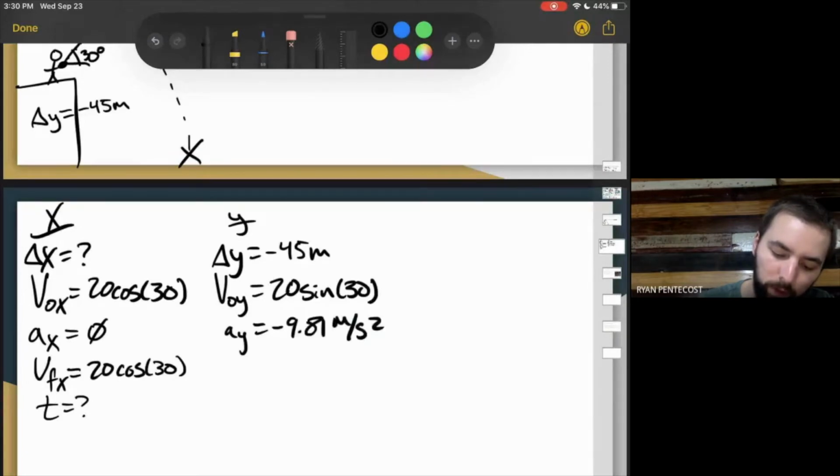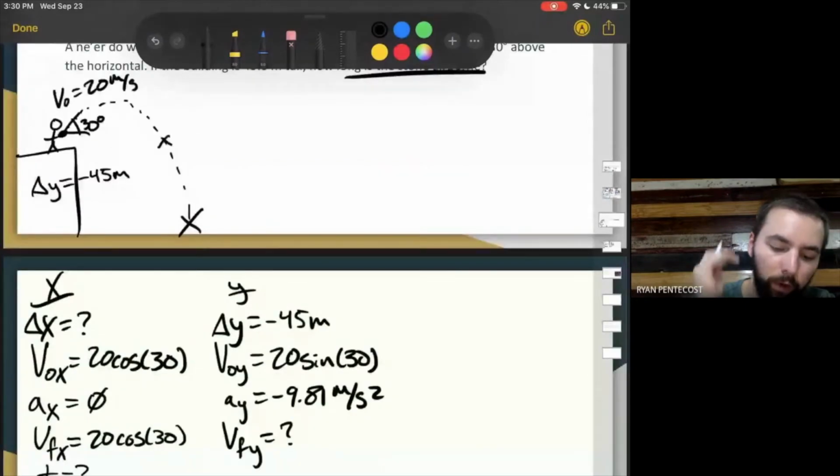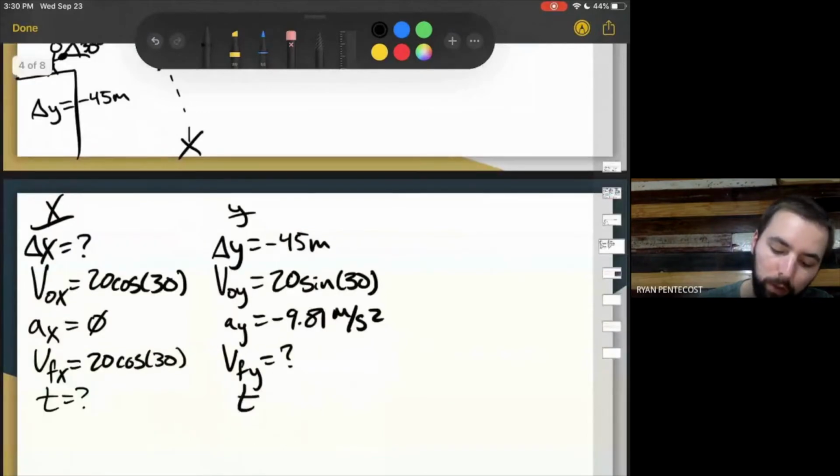And v final in the y is negative 20. No, it's not. Oh, whoops, we don't know that, because it is traveling much further. It didn't just stop where it left, right? It's not just a clean arc. So we don't know v final y, but we also need time.